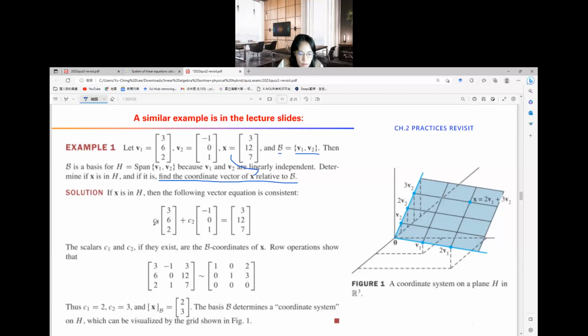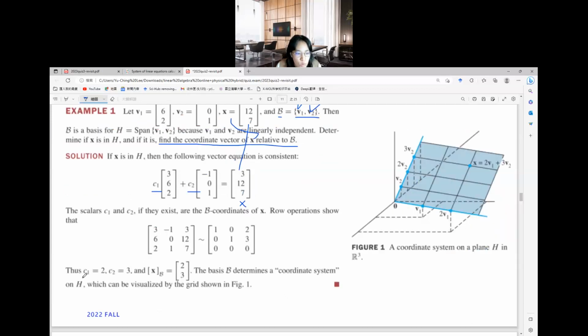So I have C1 times V1, and V1 is the first basis vector. V2 is the second basis vector. C1 times V1 plus C2 times V2 equals x. This is x. And then eventually I compute C1 equals 2 and C2 equals 3.